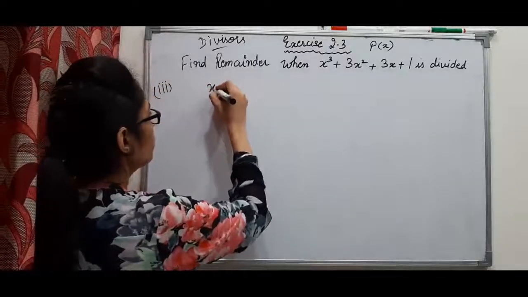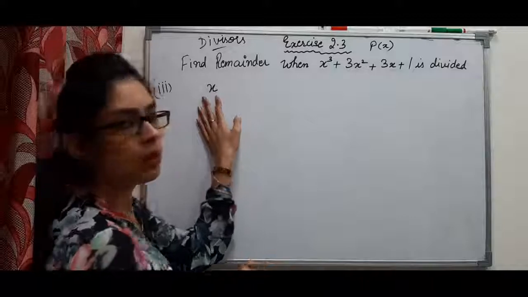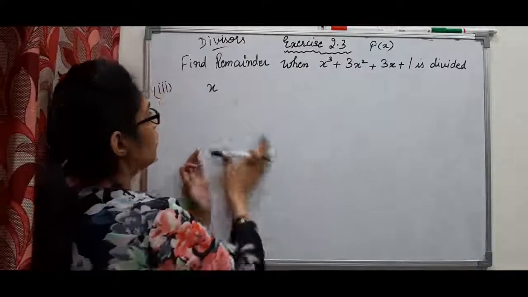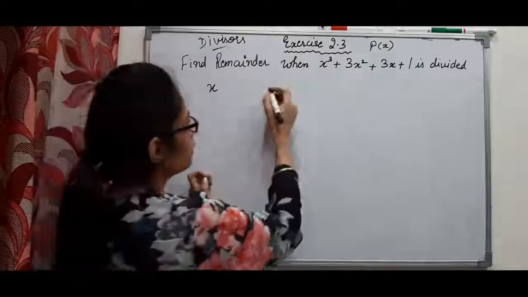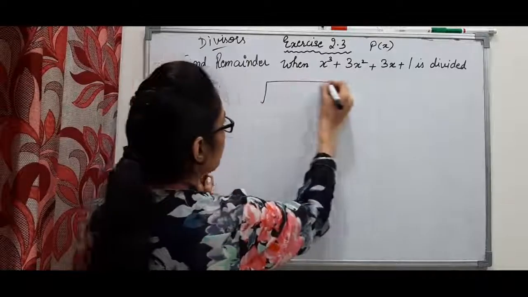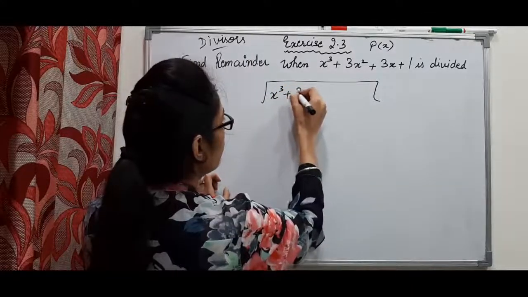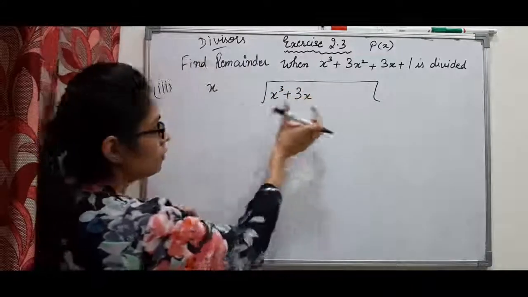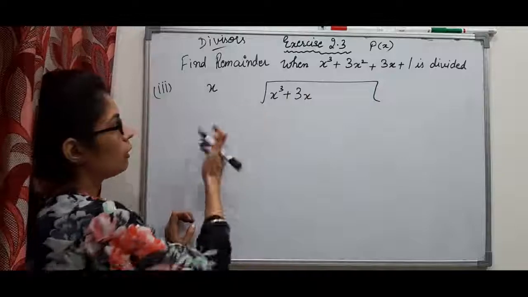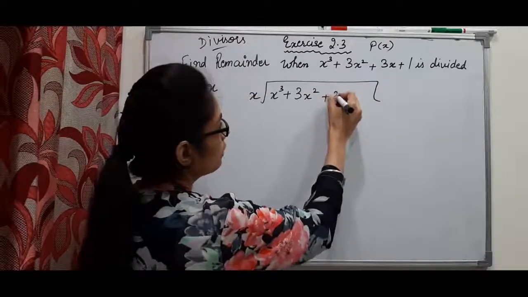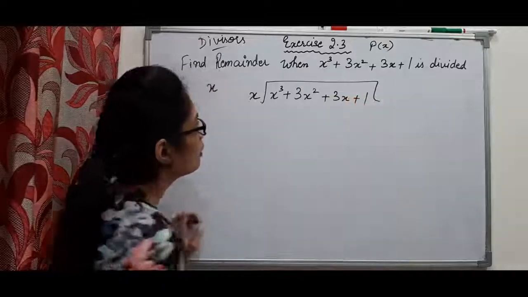I have chosen third part because here only x is there, with which you have to divide with only x. So let's see how to do this. Because in all the other sums we have divided this with 2 terms, but now we have only one term, 3x square plus 3x plus 1.